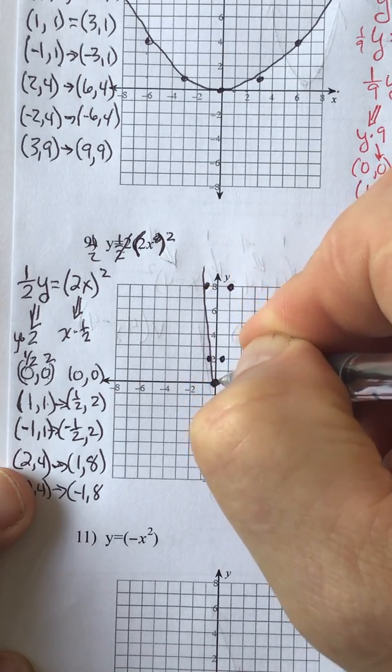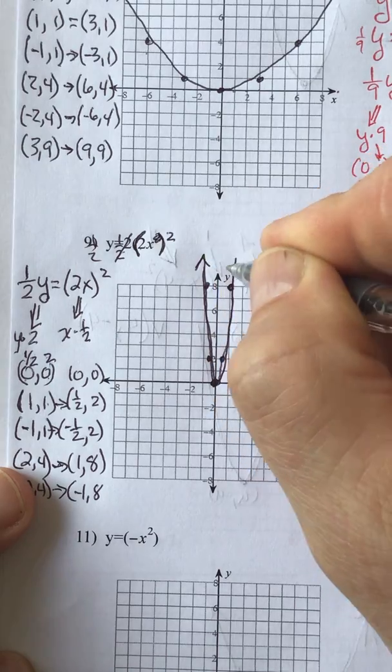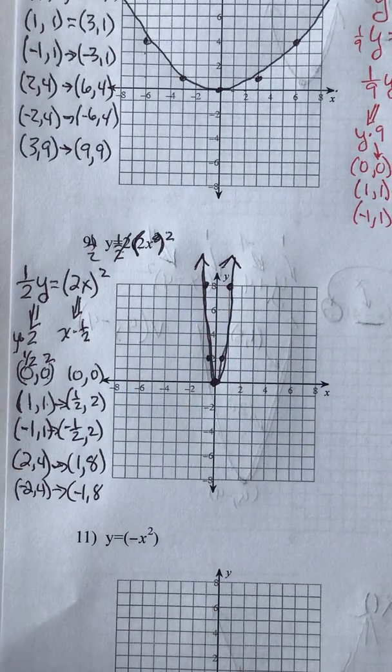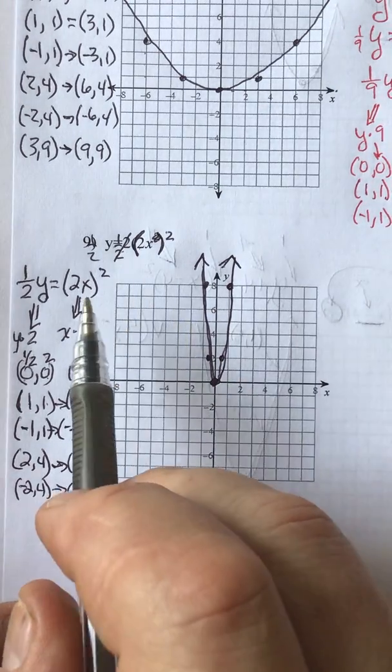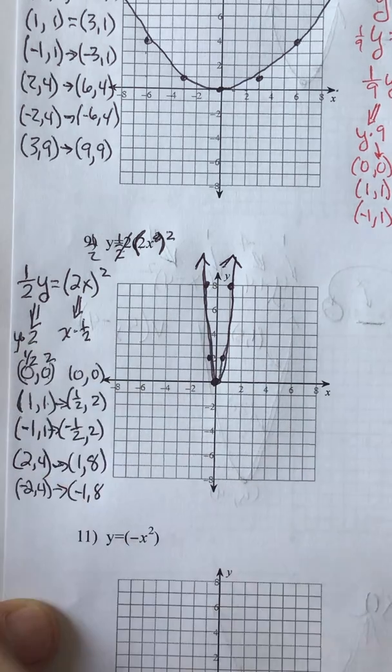And there's 5 exact points of that parabola. So it's half as wide and twice as tall.